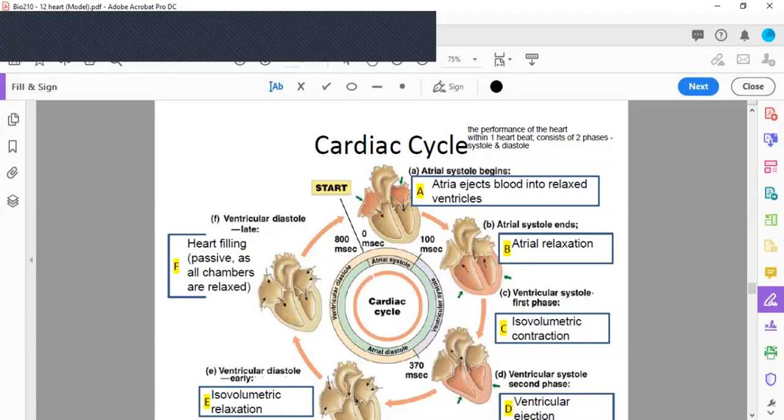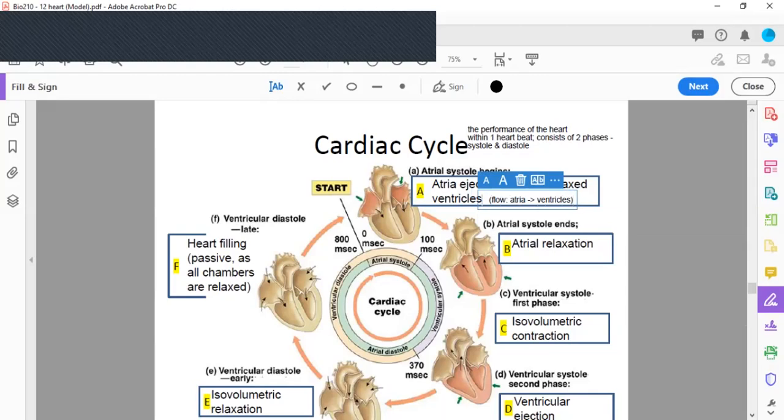In atrial systole, the atria eject the blood into the relaxed ventricle. As you can see right here, the arrow shows that the blood flow goes from the atria into the ventricles.